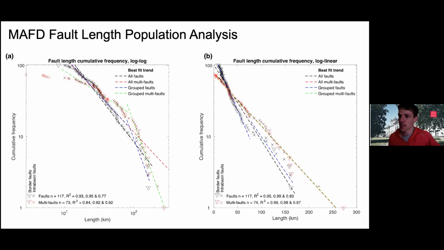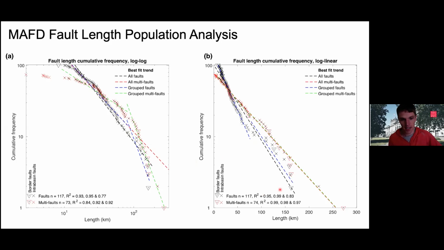But we've also considered that some of those faults which are en echelon with one another, cross strike and only a few kilometers between them, might actually represent a single coherent structure. For this multi-fault hypothesis, the cumulative frequency of faults mapped in that way, we've plotted in red. And then we've plotted best fit lines through both of these populations.